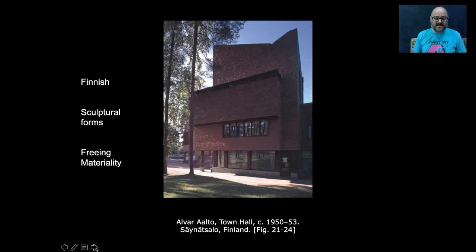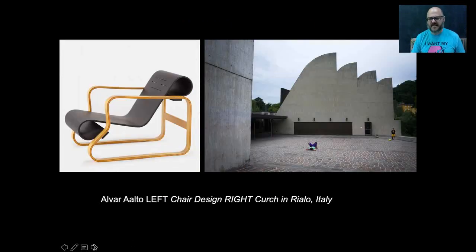Another radical architect at this time that did his own kind of thing was the Finnish architect Alvar Aalto, and his buildings were using brick. He wanted to free the materials from their past purpose. A lot of times people think of bricks as just being something modular that you can build rectangles or geometric cubes, but here he expands outside of that and does really beautiful sculptural forms.